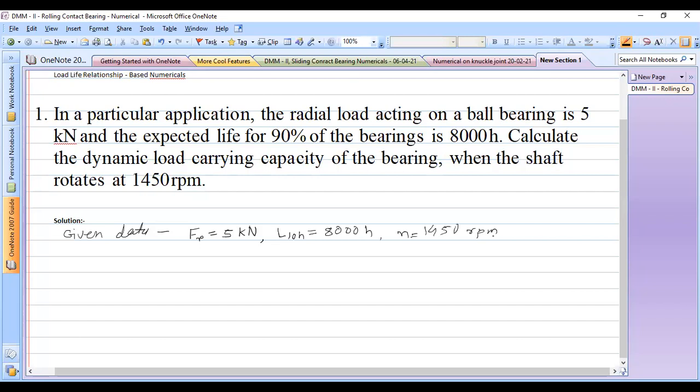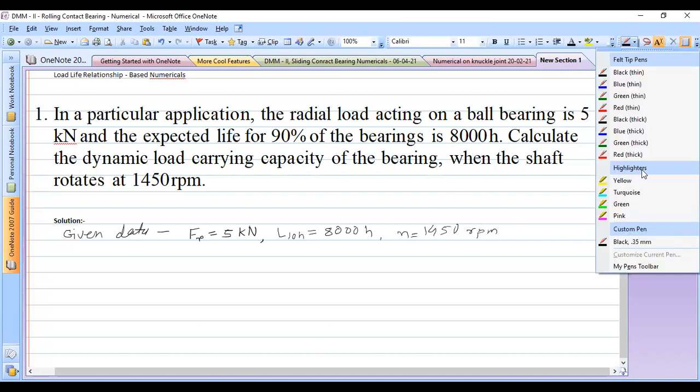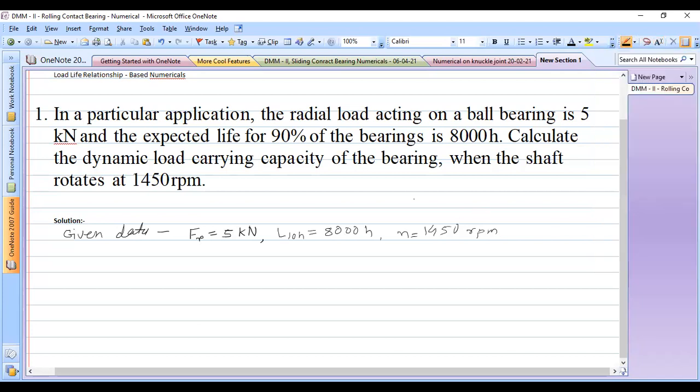How can we proceed? Radial load. Okay, so here we can see in the condition it is given that only radial load is acting.